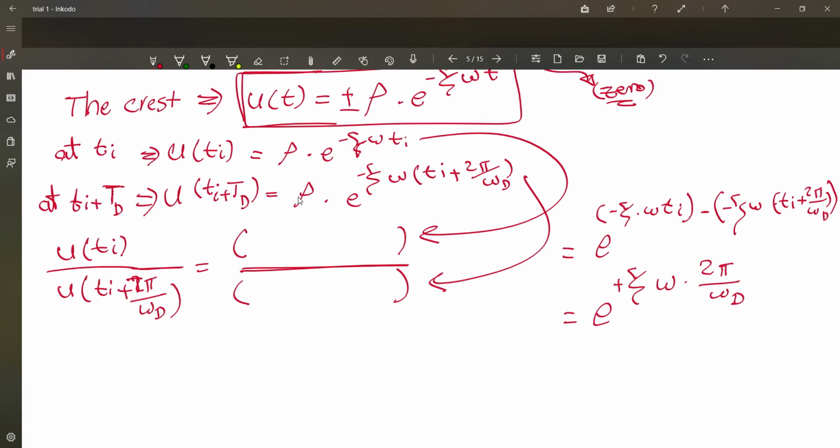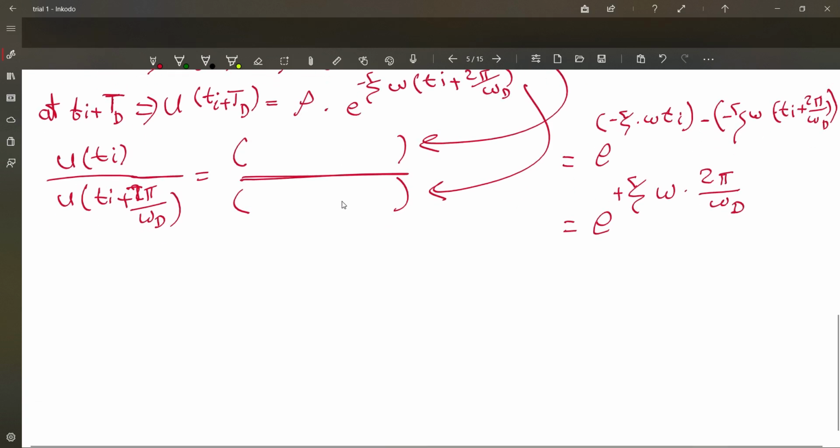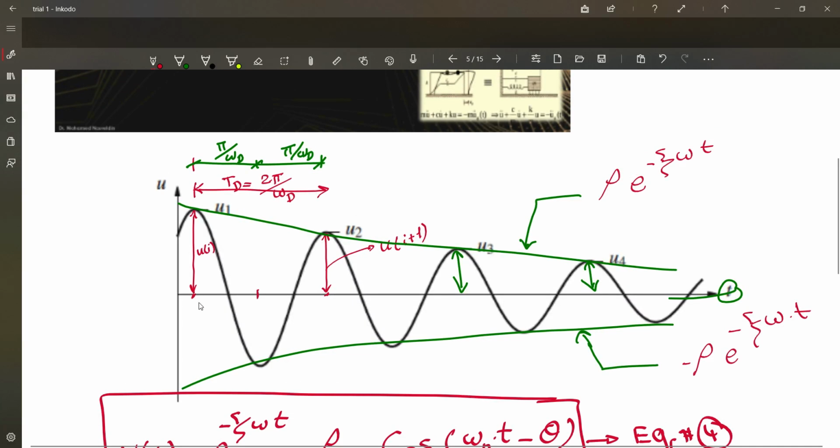Okay. In this case, we are going to assume that this is an exponential function. So we have, like we said, u at point i over u at point i plus 1 cycle, meaning from here to here, the next cycle.